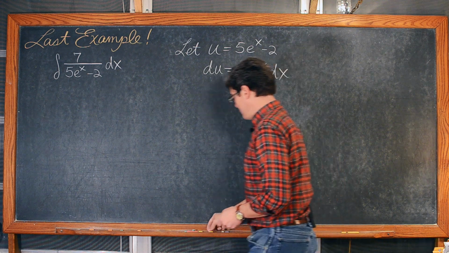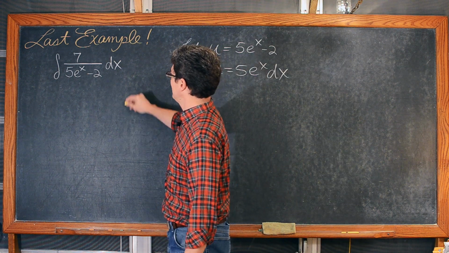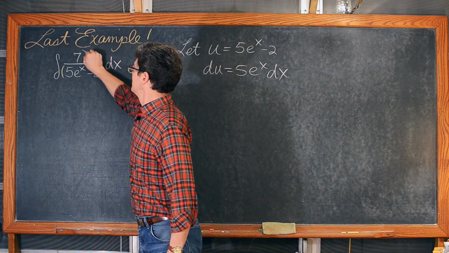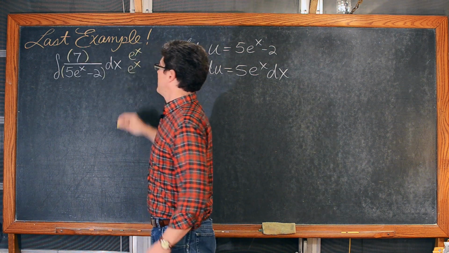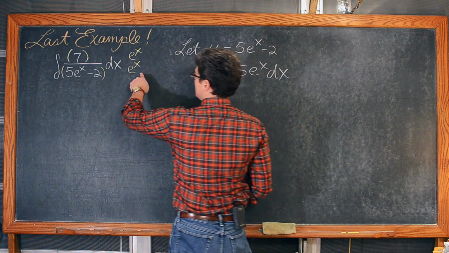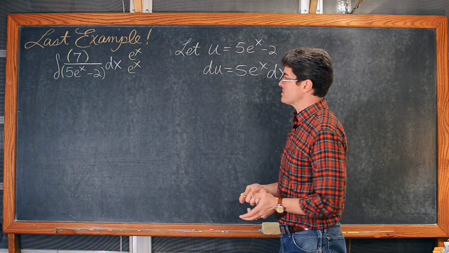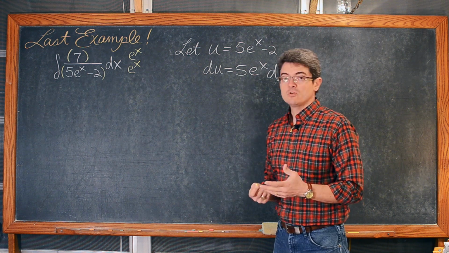Now I could try multiplying the numerator and denominator by e to the x, but when I do that, I'm going to get e to the x times e to the x, and when you multiply like bases, you add the exponents, so it's going to be e to the 2x.